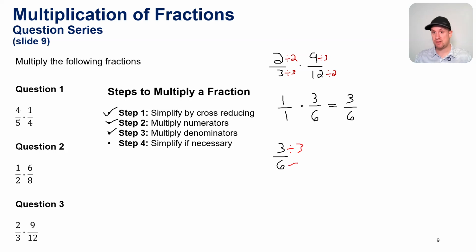So 6 could actually, if I did the equivalent fractions, be 2 times 3, and 3 is just 1 times 3, so the common factor being 3. That's where I get the division mark. So 3 divided by 3 is equal to 1. 6 divided by 3 is then equal to 2 here. Okay, so my answer is going to be 1/2.